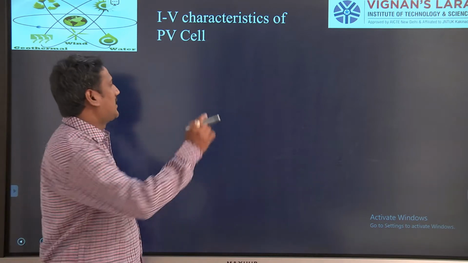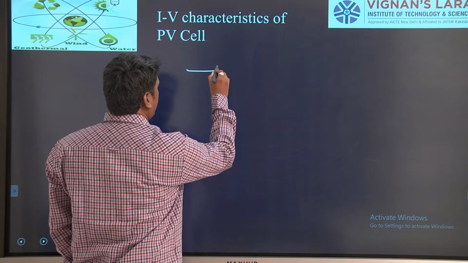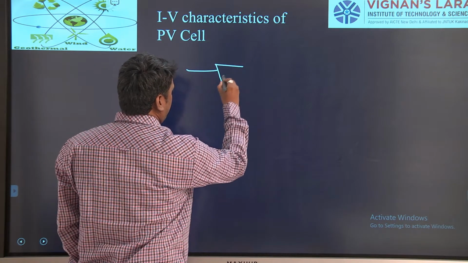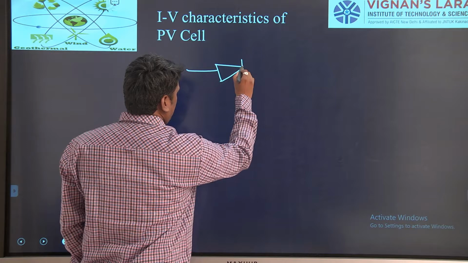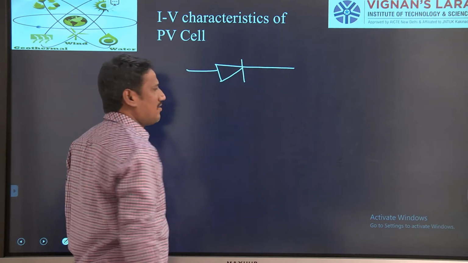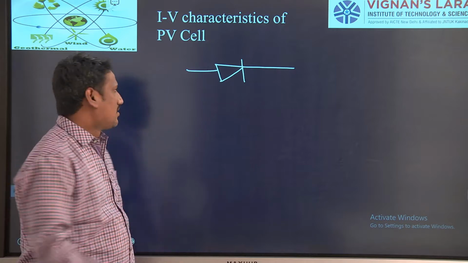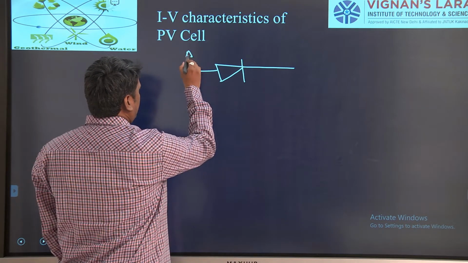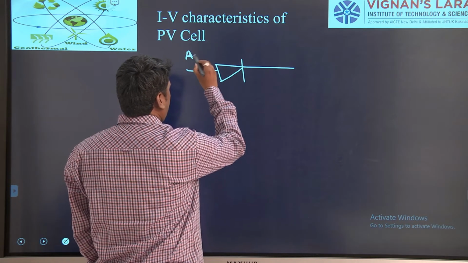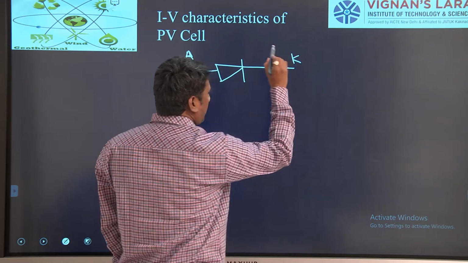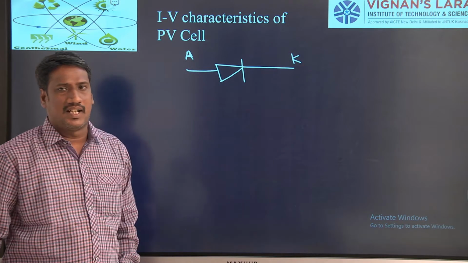For example, all of you know this is the symbol of a PN junction diode. This will be the anode and that will be the cathode.